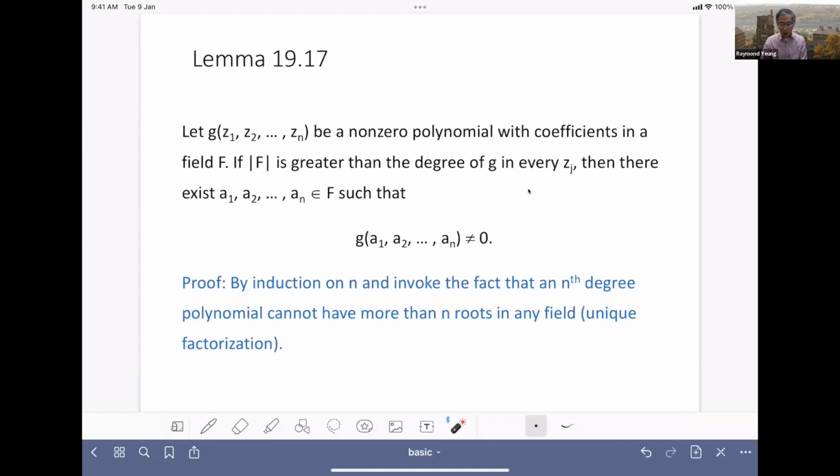So the essential thing is that if you are given a polynomial, then as long as the field size is sufficiently large, you can always evaluate the polynomial to a non-zero value in the finite field.